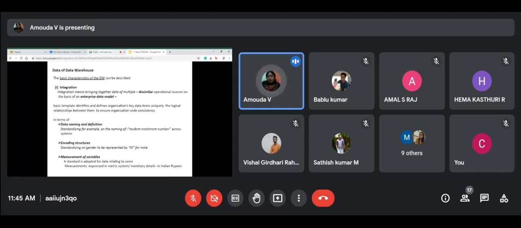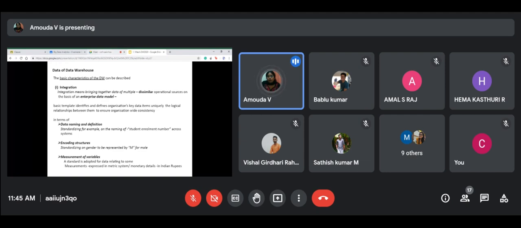Otherwise, how do you know which is the key data? So you have to study the enterprise model. They might have adopted an ER model or relational model.